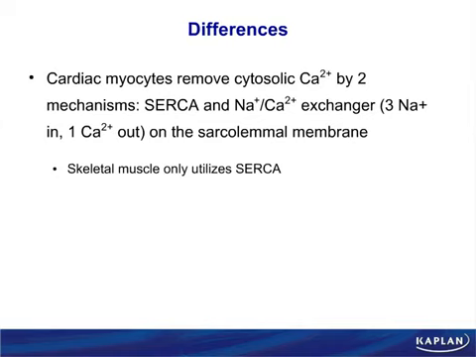And the reason for that is this is the reason that digoxin increases contractility. Remember, digoxin inhibits the sodium-potassium ATPase. This tends to increase sodium inside the cell, and by increasing sodium in the cytosol, we reduce the activity of this sodium-calcium exchanger. And again, remember, this exchanger is pumping calcium out of the cytosol into the interstitial space.